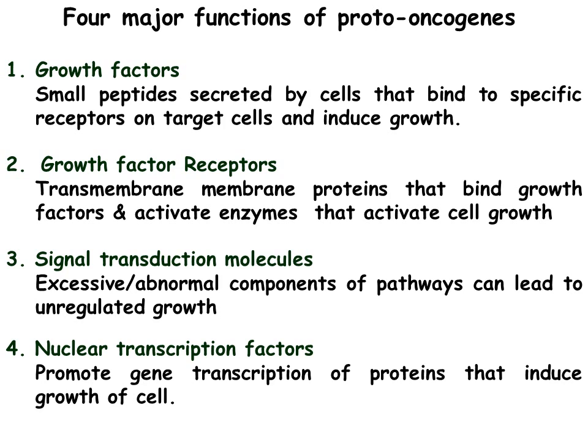So this is really showing you how cells respond to growth promoting signals. These four major functions of the proto-oncogenes are quite logical if you know how cells bind and then change their behavior. So let's look at the next slide to see it a little better.